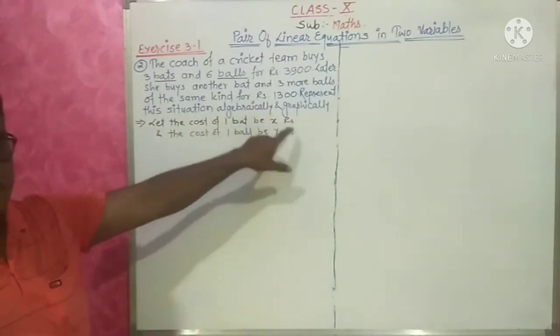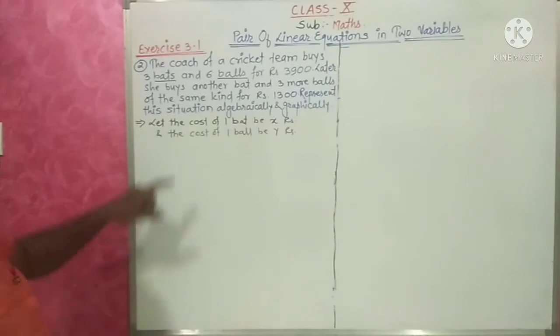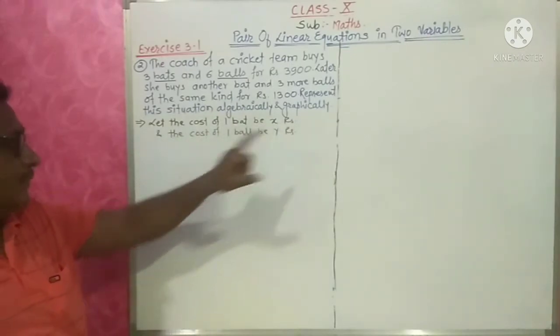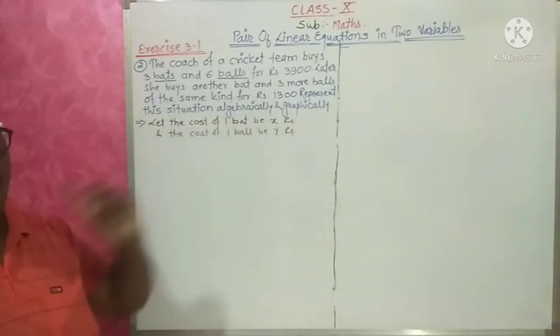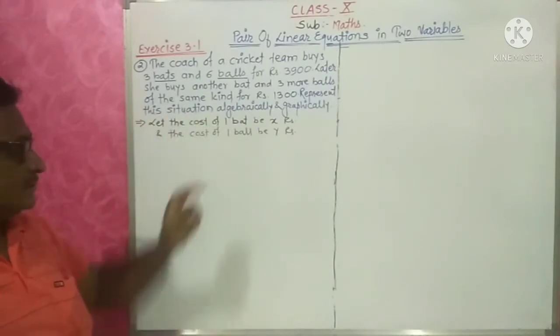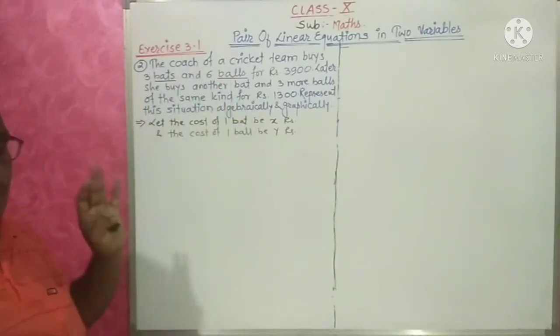Bat and ball, x and y. So the cost of 1 bat is x rupees, the cost of 1 ball is y rupees. So we gave 2 variables to the 2 things.